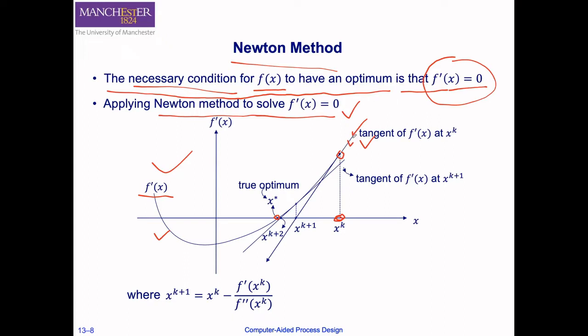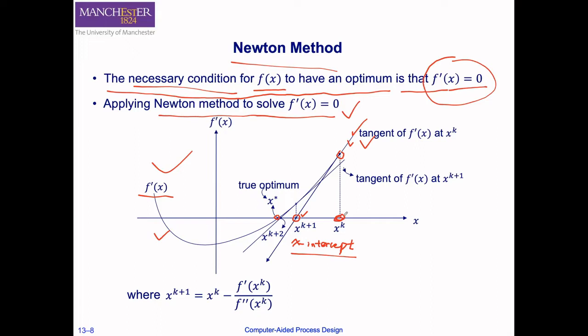Then, using this tangent line, we can get the intercept of this tangent line on the x-axis, which is called the x-intercept. In Newton's method, this x-intercept is considered as a better approximation to the root of the equation f prime x is equal to 0.